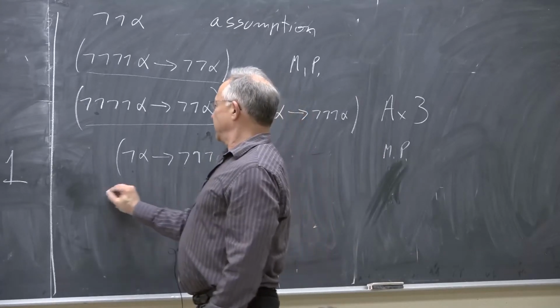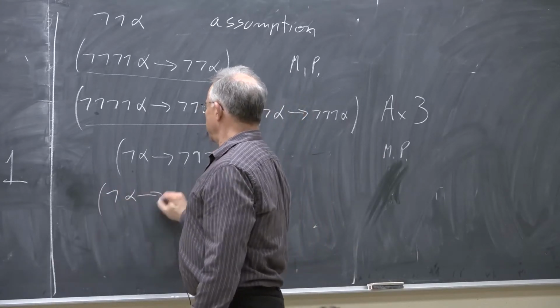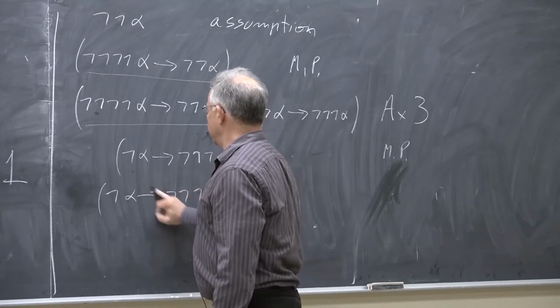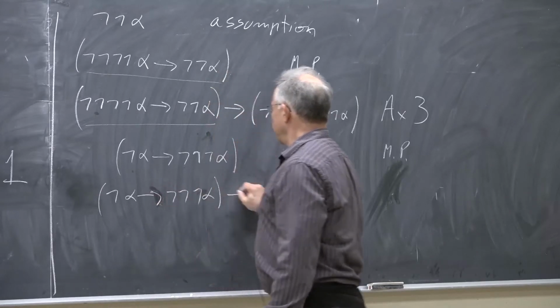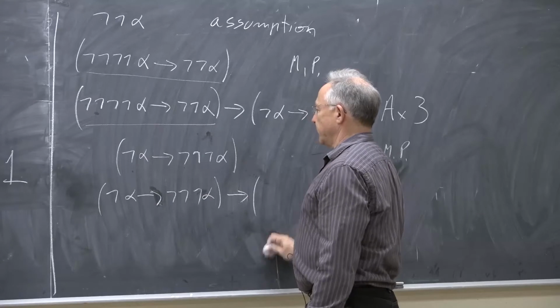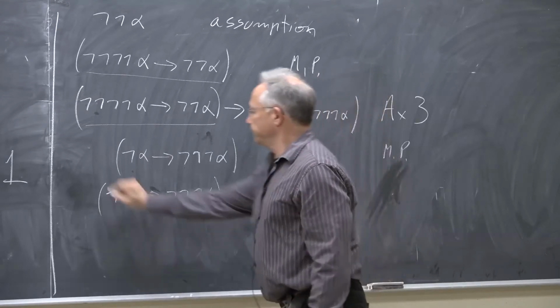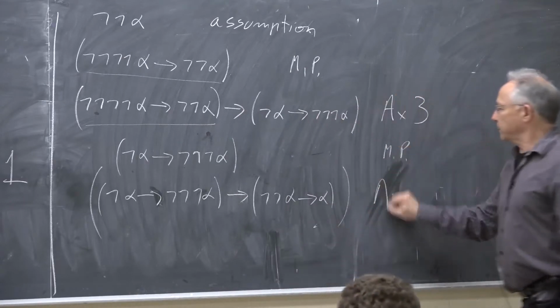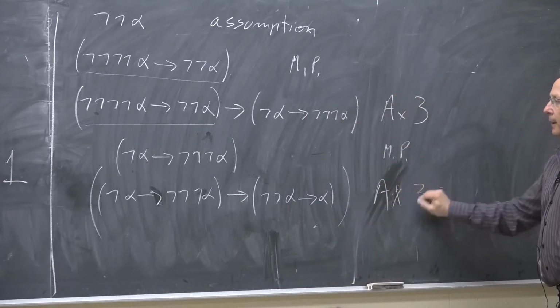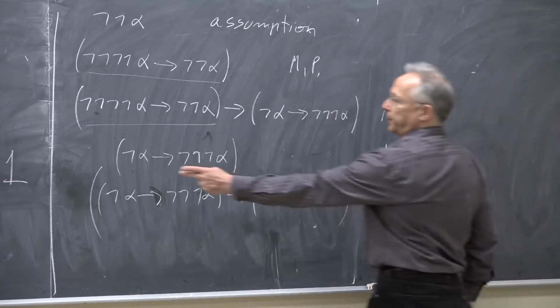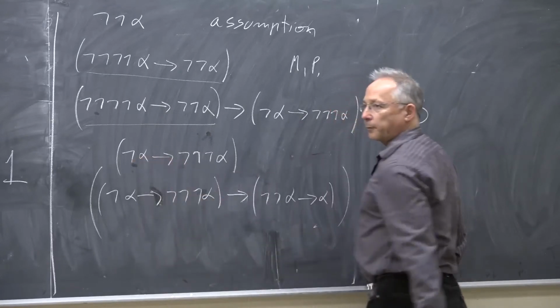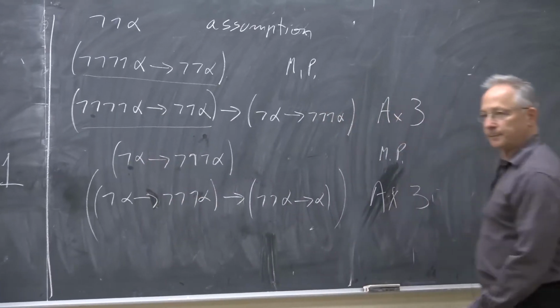So I'll get 1 alpha arrows 1, 2, 3 alpha arrows 1, 2 alpha arrows alpha. This is axiom 3. Again, I'm peeling negation from each of them and reversing the order.